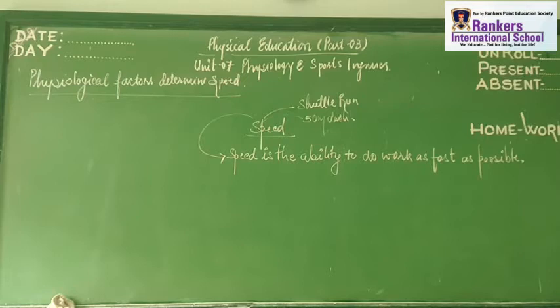Okay, dear students? Speed also basically depends on white muscle fiber. As you all know, white muscle fiber is also called fast twitch muscle fiber. This fast twitch muscle fiber has more connective tissue, and this helps us do work with perfection and efficiency.